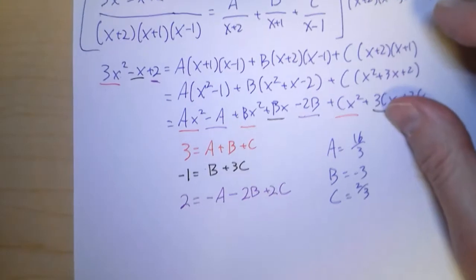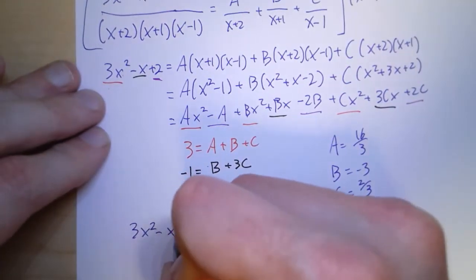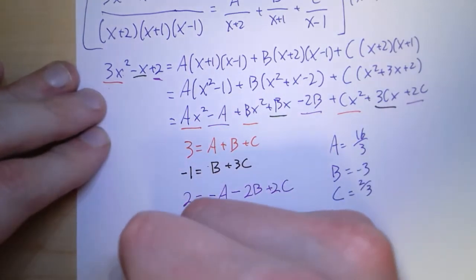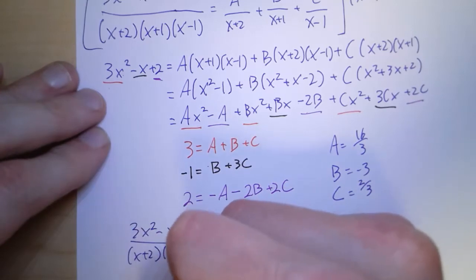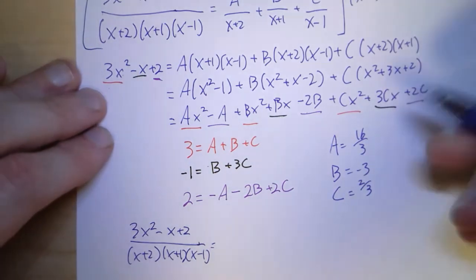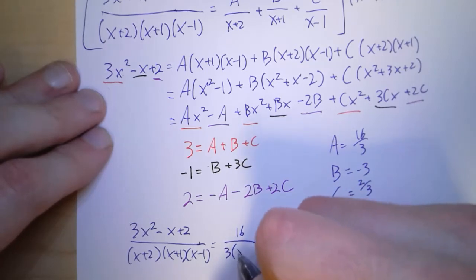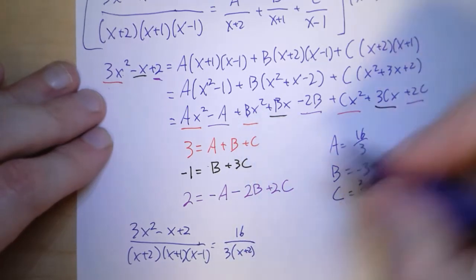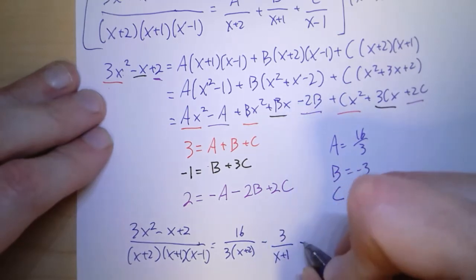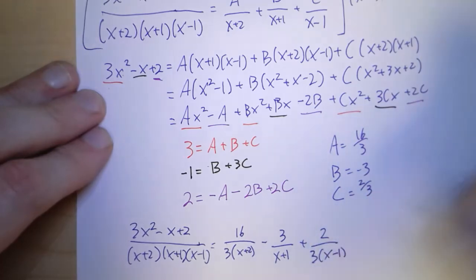So our partial fraction decomposition, we're going to write out like this. 3x squared minus x plus 2 all over x plus 2 times x plus 1 times x minus 1 is going to equal A, that's 16/3, over x plus 2, plus B, which is -3, over x plus 1, and then C has 2/3, so 2 over 3 times x minus 1.